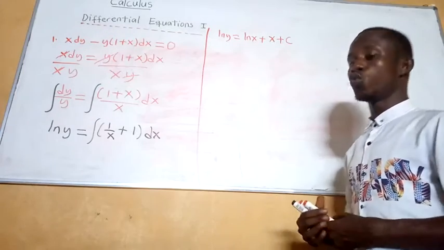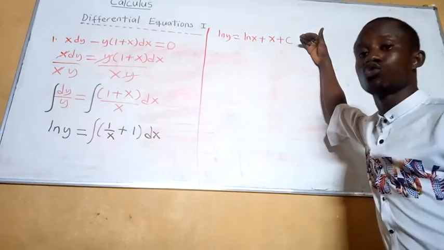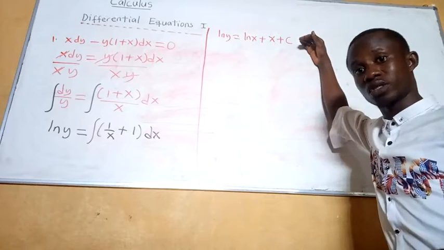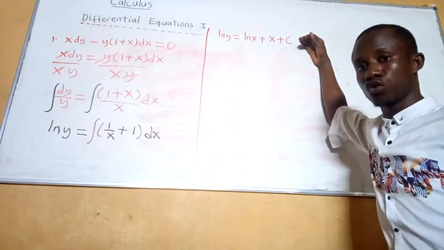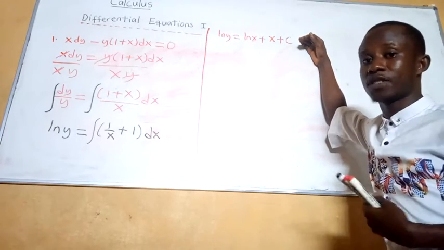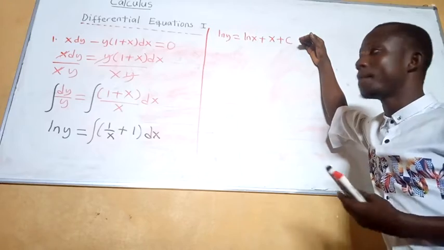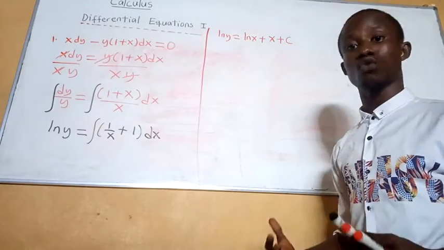Now we need to simplify this further to obtain our general solution. In order to determine the general solution, we need to solve for y. So we need to make y the subject, because we are not given any initial points to find a particular solution.